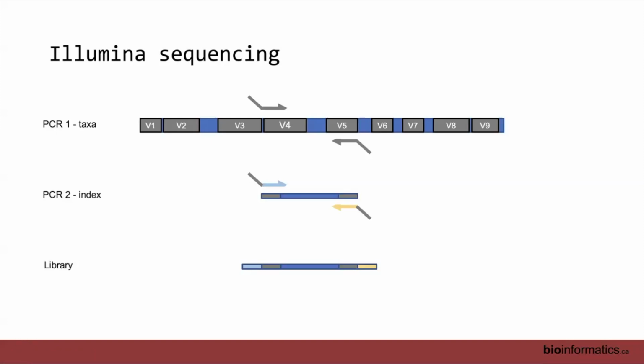And the library will then be the pool of all of your samples together. Oh, and I should mention the indexes are specific to each sample. So you're going to be able to map each of your reads back to the sample that it came from based on these short sequences that are added onto that DNA product.